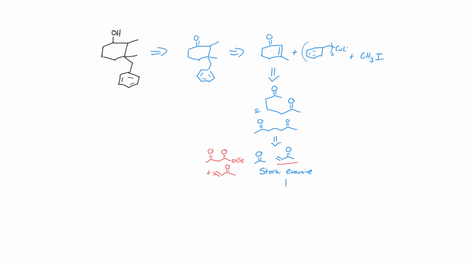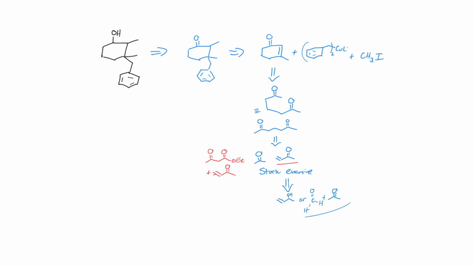How do I make the alpha-beta unsaturated species? I could make that from butenol if I wanted to. Or I could make that from formaldehyde reacting with acetone in an aldol reaction. Either one would be fine.